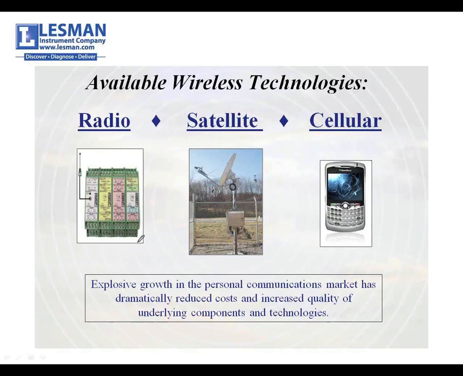In all these technologies, the huge growth in personal communications gizmos has aided this greatly. They all use similar technology, similar chips, similar capabilities, so the more there is of all this equipment, the more highly available and lower in cost it becomes because there's more competition. So over the last 6 years for sure, the cost of this equipment has come down significantly.